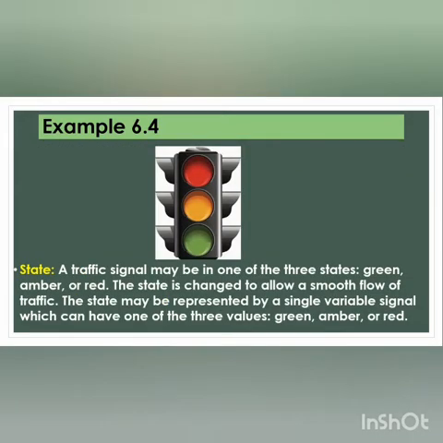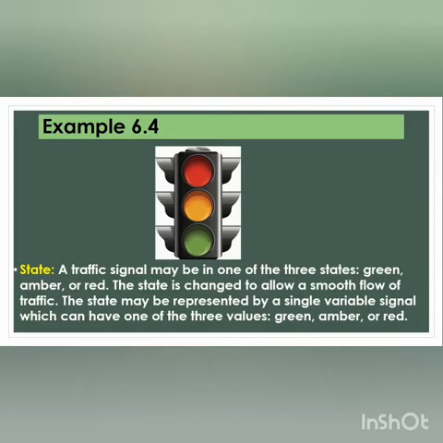The best example of state is a traffic signal. A traffic signal may be in one of three states, that is green, amber or red. So, these three colors are considered as states here. The state is changed when the color of the signal is changed to allow a smooth flow of traffic. The state may be represented by a single variable called signal.